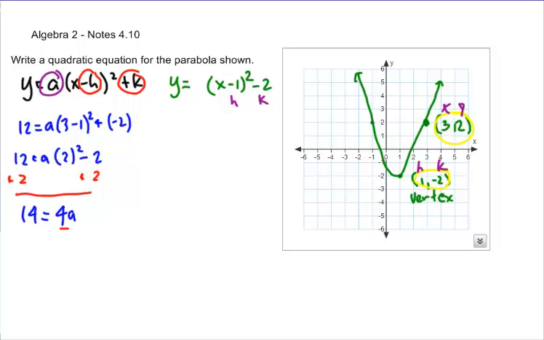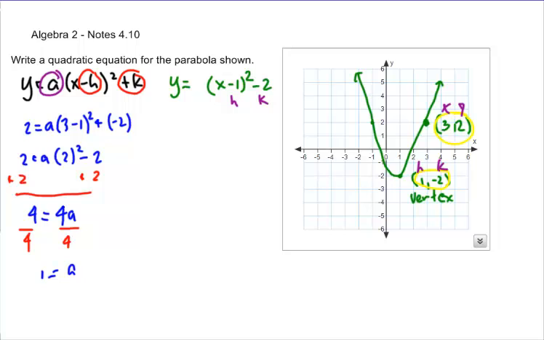Divide both sides by 4. Oh, this isn't 12. Gee whiz. This is just 2. That was a comma in front. So a equals what? 1.